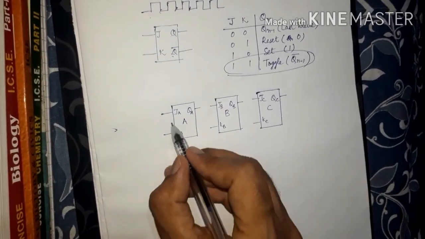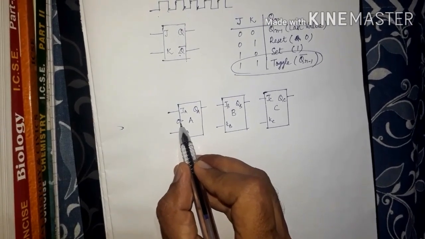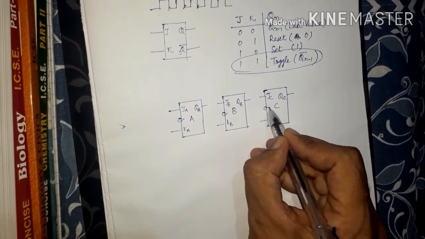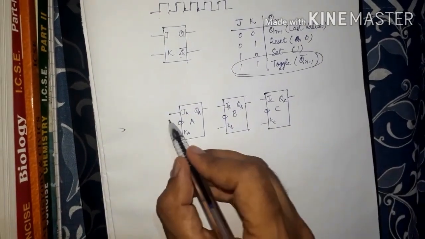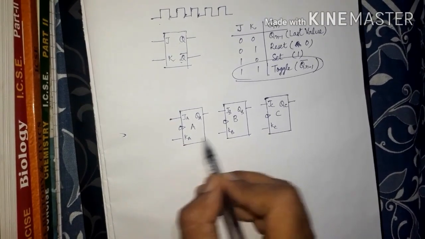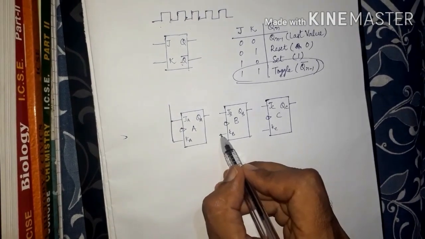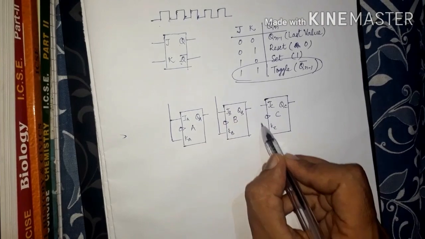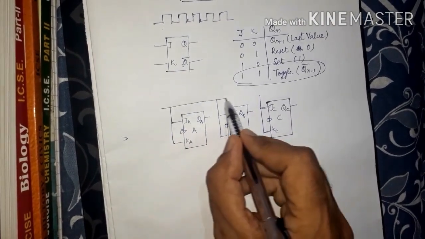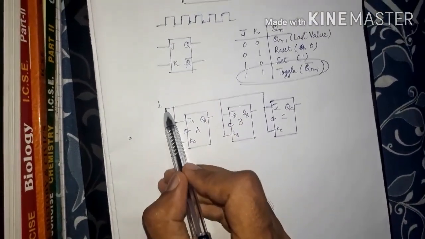All three flip-flops are negatively edge triggered. Hope you remember what negative edge triggered means. Now the J and K inputs of all three flip-flops are connected to each other like this, and a high signal is provided at this terminal.